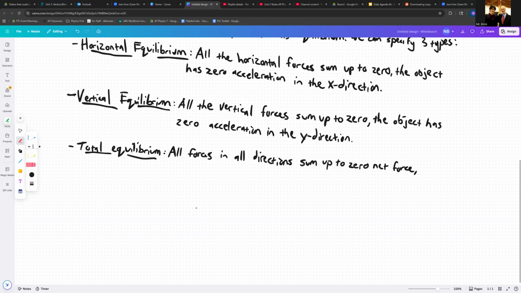The object has zero acceleration in any direction.